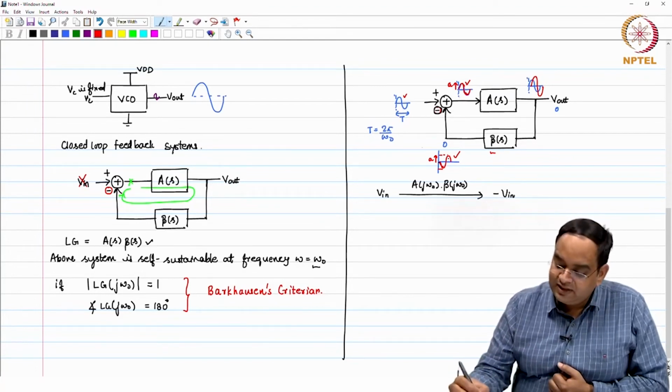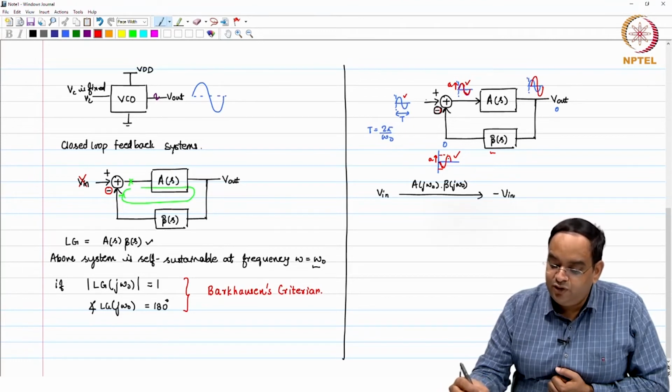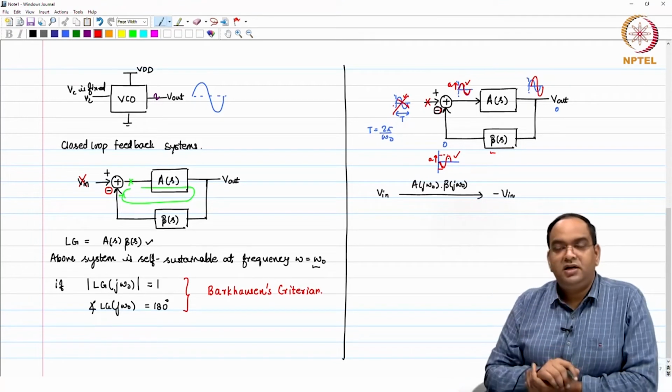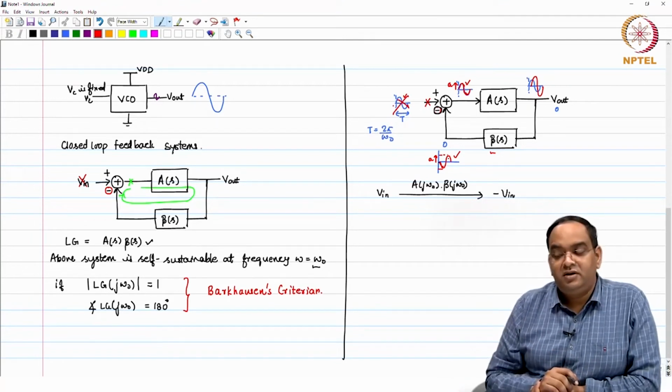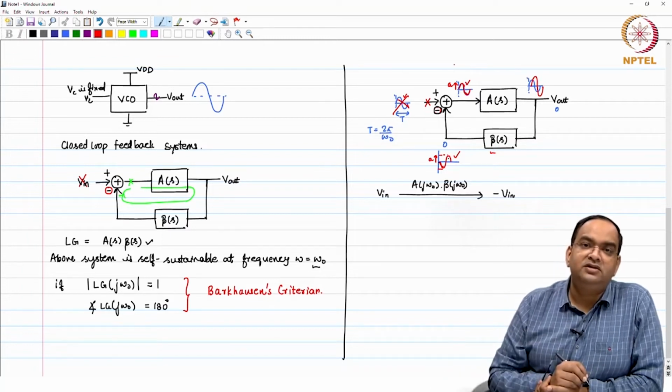If the system itself is also feeding the sine wave of the same value, then you do not need to feed anything at the input. And this sine wave will be sustained in the system on its own.